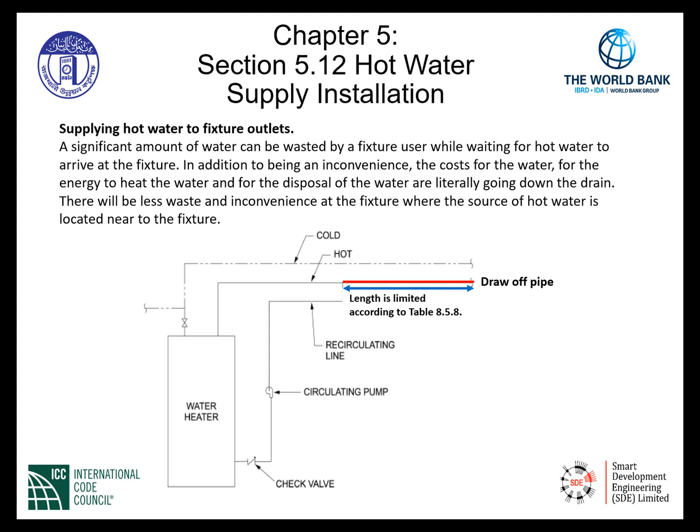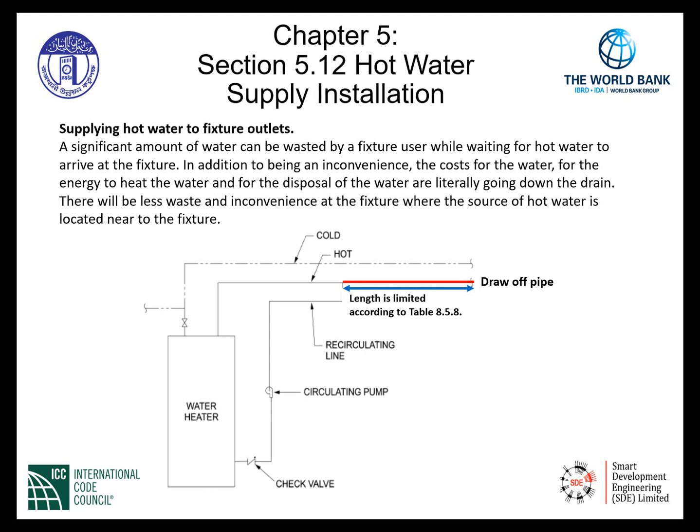There will be less waste and inconvenience at the fixture where the source of the hot water is located near to the fixture. The drawing below shows a water heater with a recirculating pump. In other words, we've got a recirculating hot water loop, is what we call it.